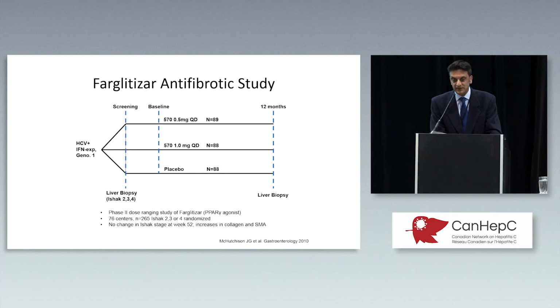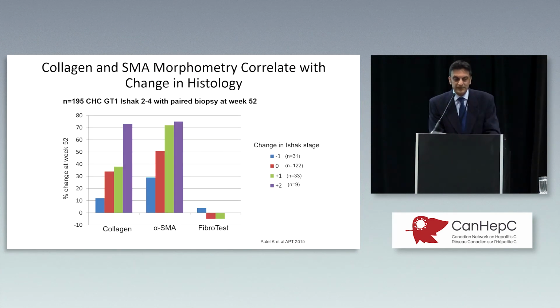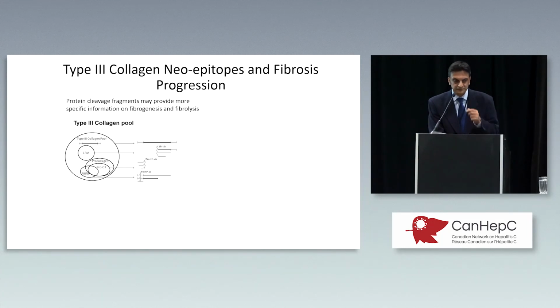There were no changes in Ishak stage at week 52, but what we did find was that these HCV non-responders did have progression when you look at their quantitative collagen staining and their alpha smooth muscle actin. Smooth muscle actin is a marker of fibrogenesis because it measures hepatic stellate cell activation immunohistochemically. And we saw some changes in that regard, but FibroTest, again, did not change. It just wasn't sensitive enough to follow these changes in fibrogenesis.